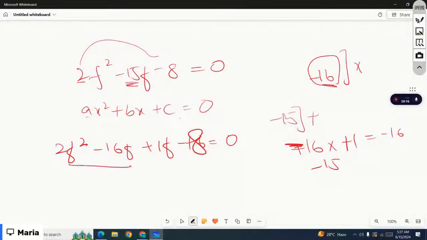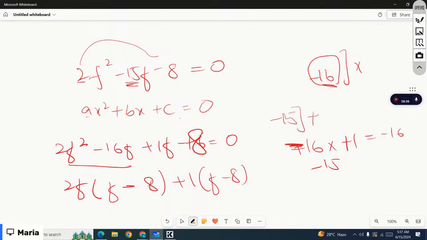Sorry. You have to take common 2f here. You have 8. You have 1 common and f minus 8. So the solution is 2f plus 1 and f minus 8. Let me, so listen to me carefully, right?